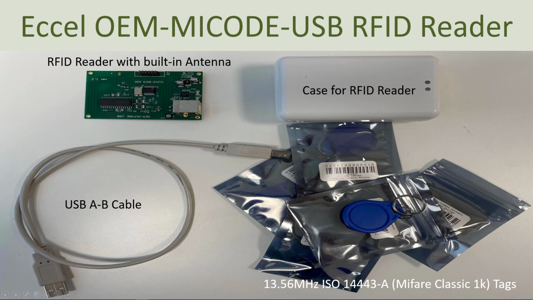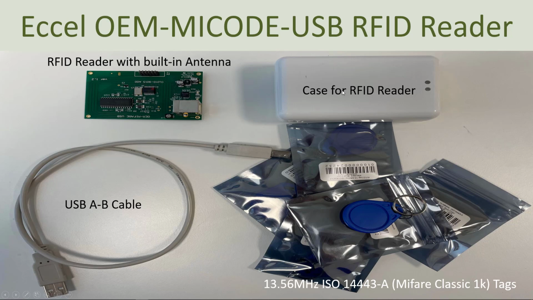When I tap a tag, I have different 13.56 megahertz RFID tags that I just tap on top of the case when I have the reader inside, and then this turns green to indicate that I'm using a legal RFID tag.